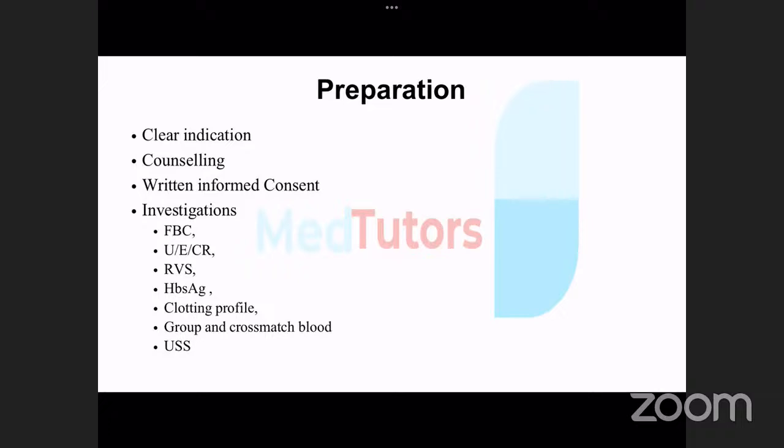And of course, you must do preoperative investigations before the surgery so that if there are any derangements, you need to optimize the patient before the surgery. These investigations include full blood count to assess the baseline hemoglobin, white cell count to rule out any occult infection, and then of course the platelet count to rule out any tendency for coagulopathy. You must do the urea, electrolytes and creatinine to assess the renal function as baseline.